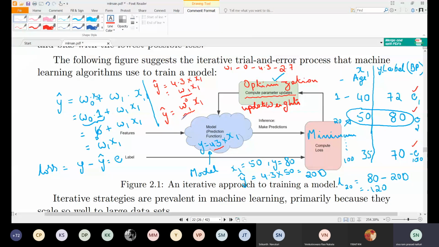So when you use this equation to predict the BP, if the total loss is the least possible value, that is more important.